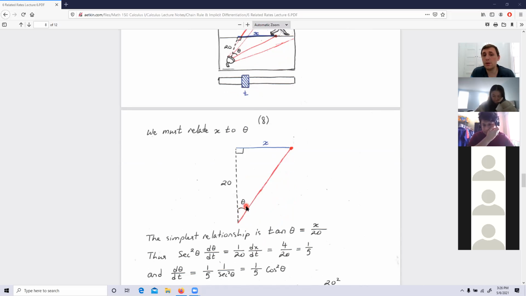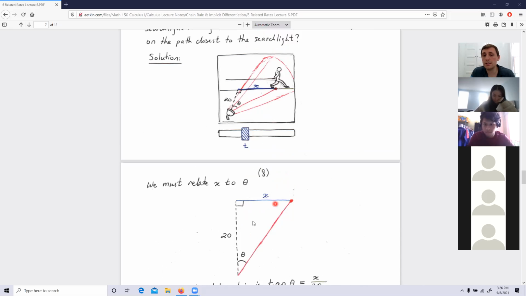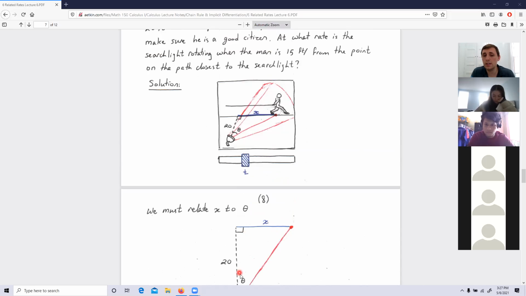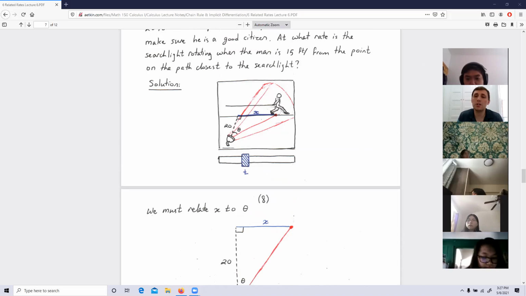So what's the easiest way to relate the angle to just x, guys? Here, I know that this is 20, this is x, and this is theta. Would you please tell me what's the easiest way to relate the angle to x? What function relates in the right triangle this x to the angle theta?